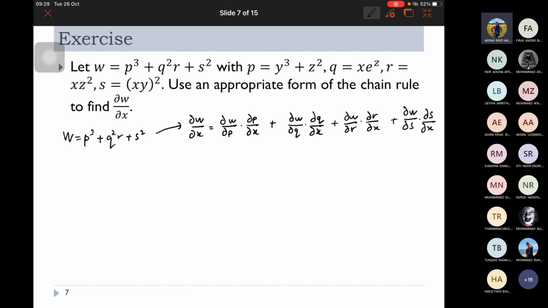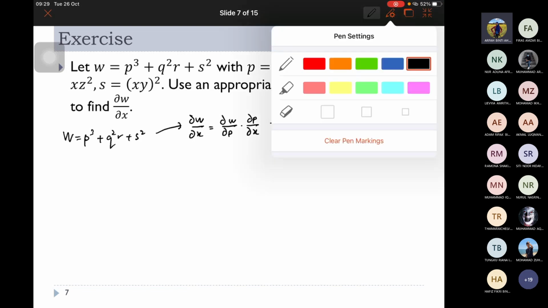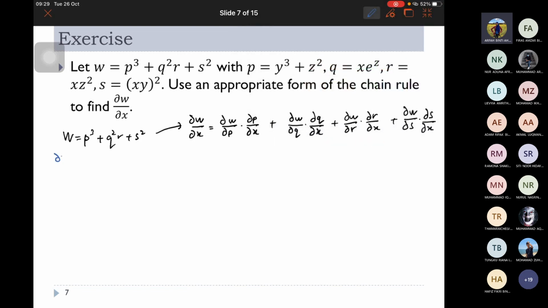Take a look into the equation, what are the respective variables in there, and from there differentiate each of the variables with respect to the one we want, which is actually delta X. Okay. So differentiate with respect to X. So for all of these things, we first get the derivatives of W one by one.